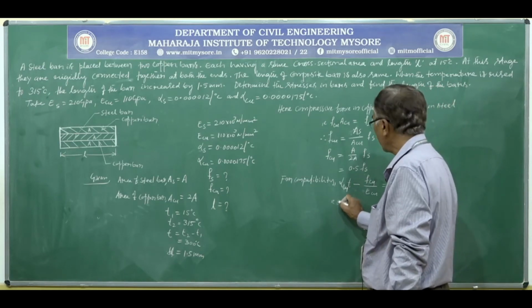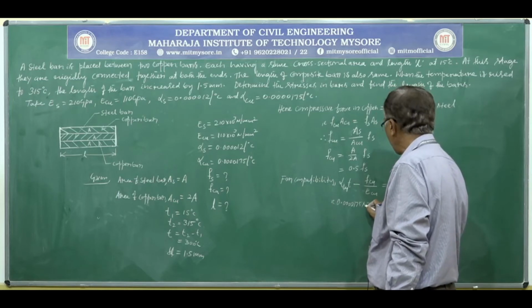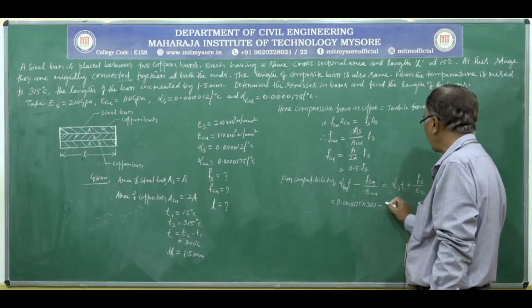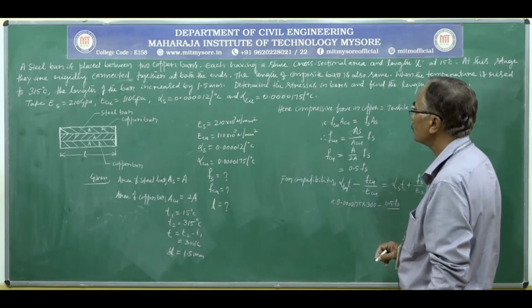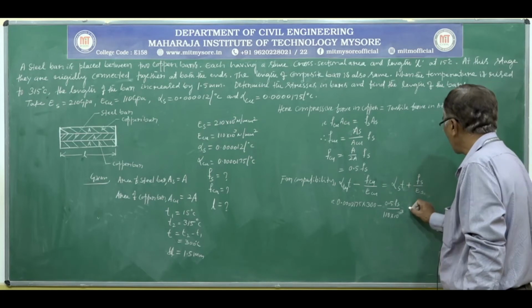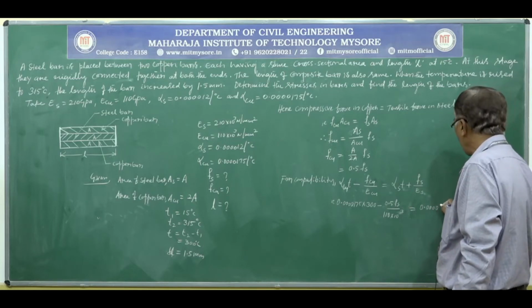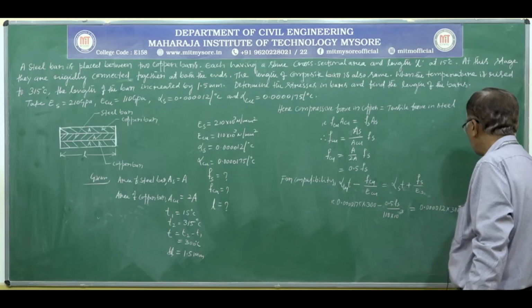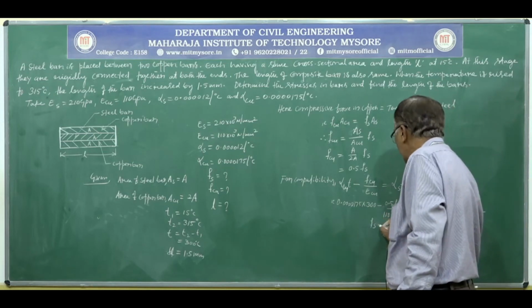Alpha Cu is 0.0000175 into T is 300 minus FCU, it is 0.5 times Fs divided by ECU, 110 into 10 power 3, equal to alpha S, 0.000012 into 300 plus Fs divided by ES, 210 into 10 power 3. Solving this, you will get Fs.